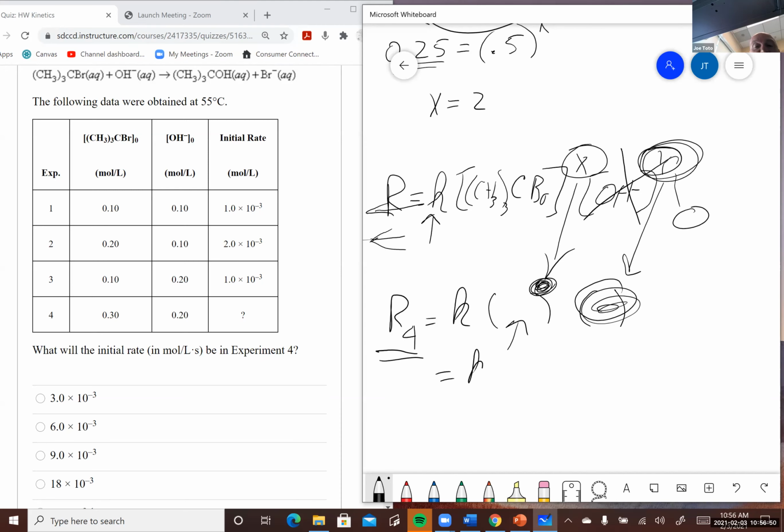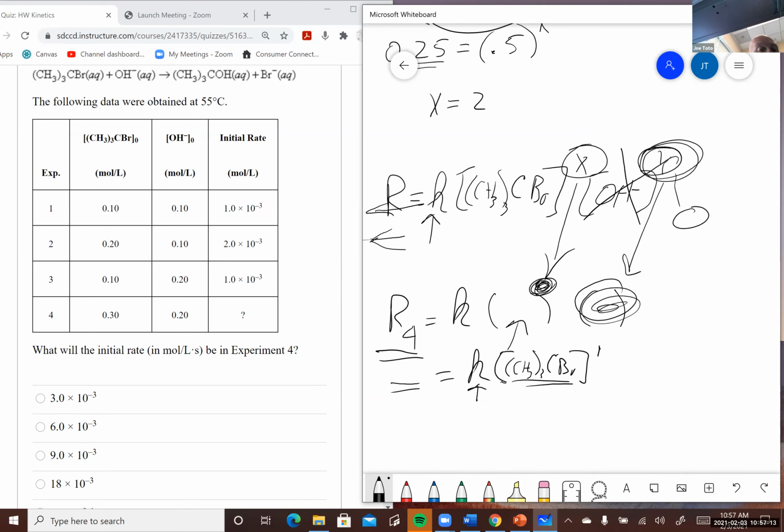So now all you've got to do is find k, because now you have the order: k times CH3Br to the 1 power. And now you can find k by just putting in the concentration and the rate for any of those 1, 2, or 3.